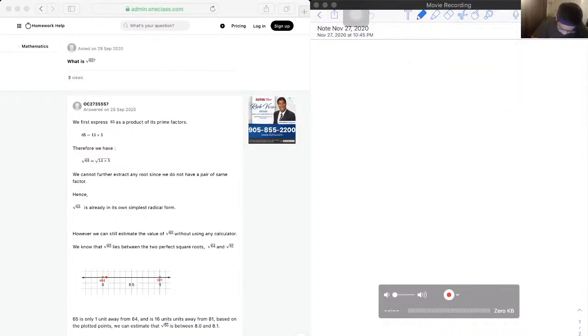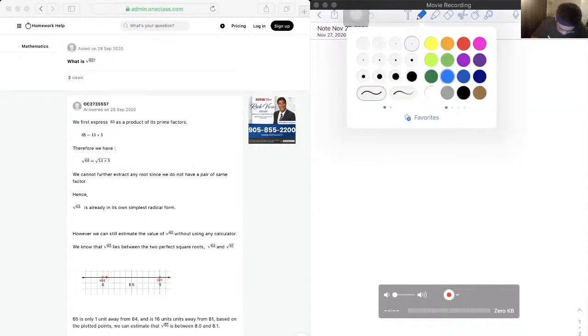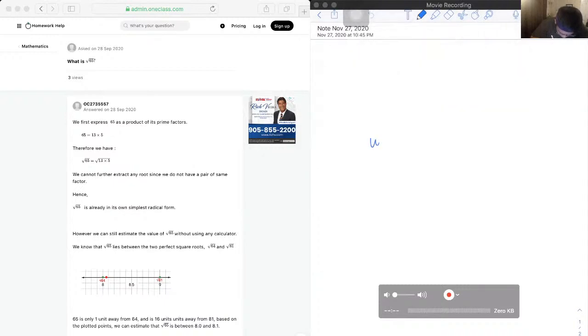Alright, so first, we can always express this by its product of its prime numbers. Whenever we come across a question asking us what is root something, we always express the value as a product of its prime factors.